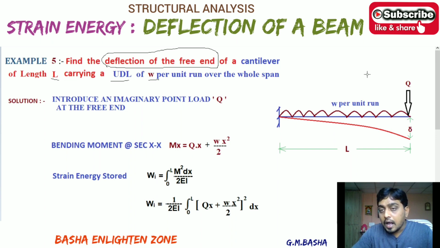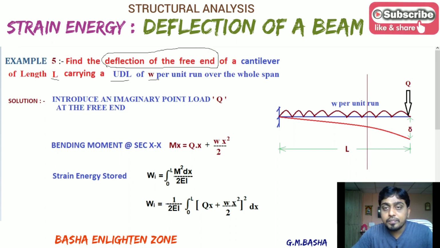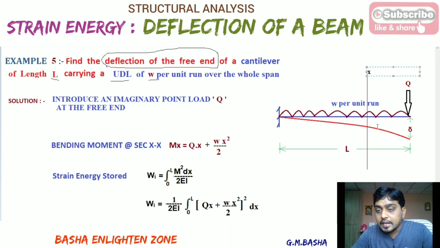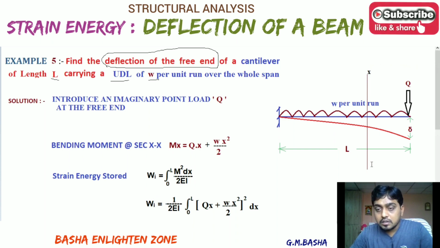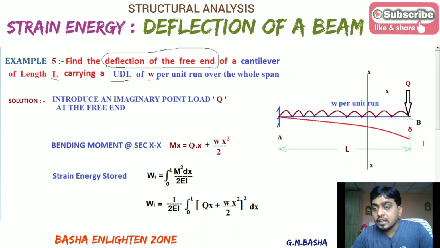See here, first what we are doing: I am cutting a section, means I am considering a section XX at a distance of X from the free end. Here I am taking this one as A and the free end as B.